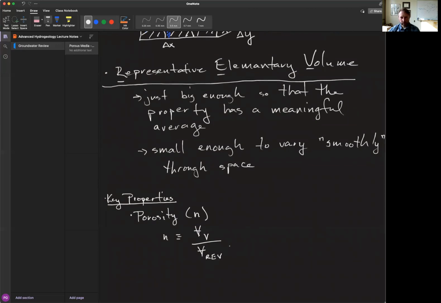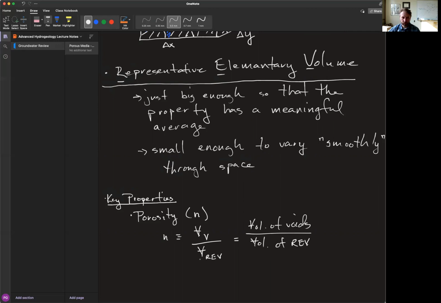Let's look at the units here. So this is the volume of voids, all right, over the volume of REV. And I will use this notation of V with a slash through it for volume.